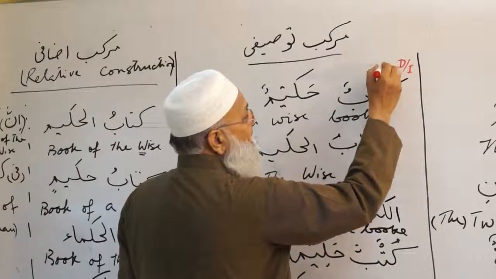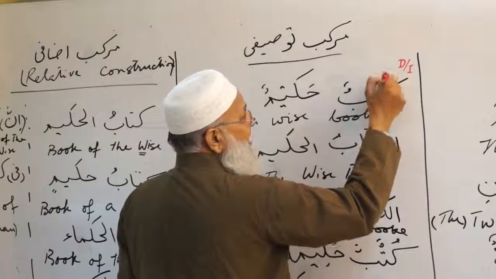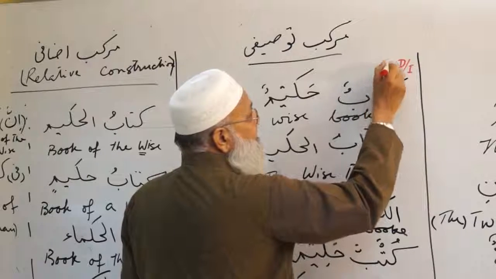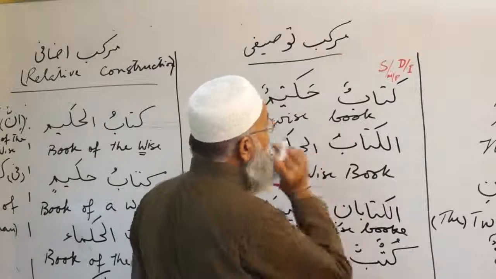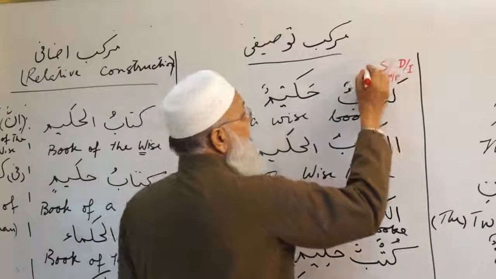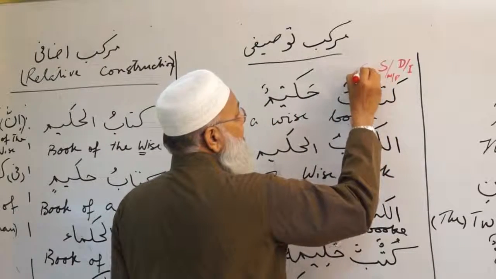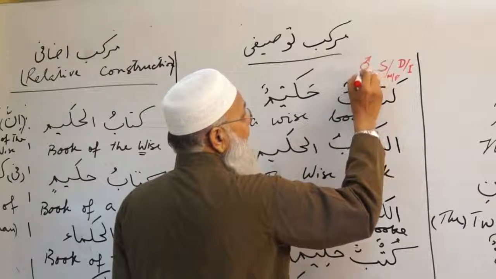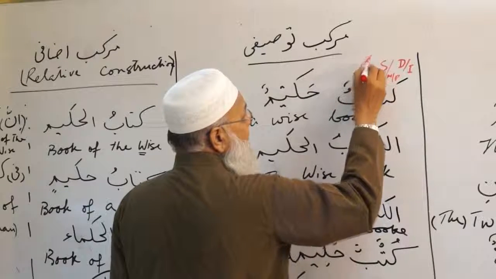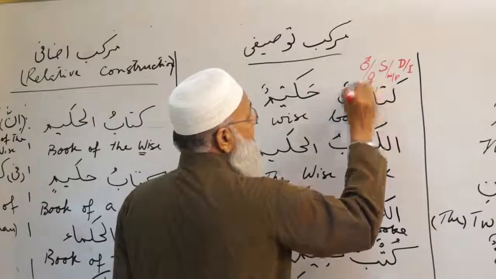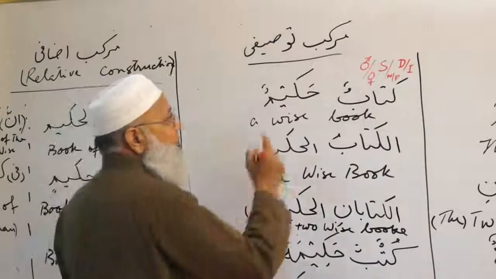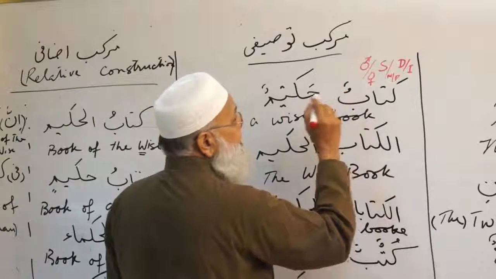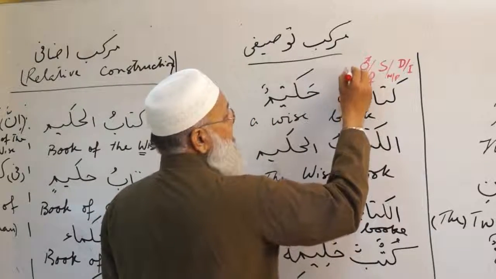Then you will write whether it's singular, musanna or plural. Then number 3, whether it is masculine or feminine. And then last of all you have to note down its i'rab, the form of i'rab.